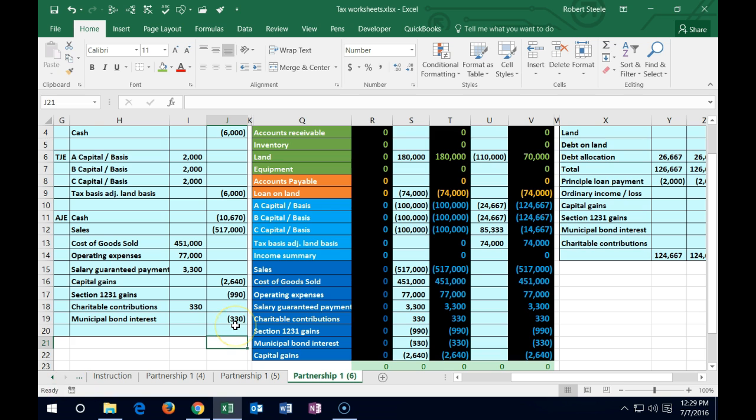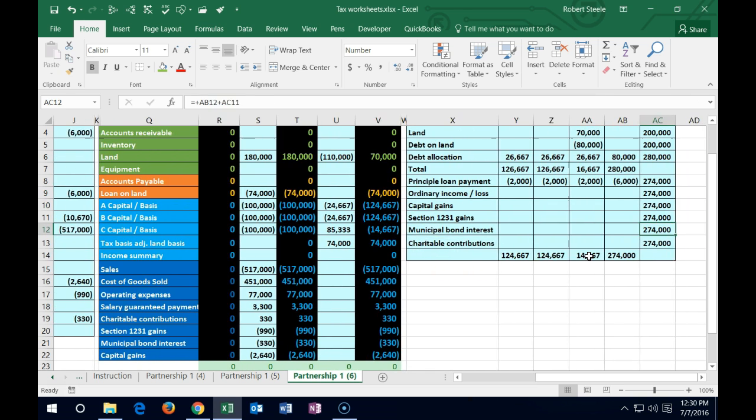Now I want to show this income statement in terms of our table over here before we see it in our capital accounts, because remember, we're not going to see it in the capital accounts, whether it be the books or the tax, until we close out the income statement. So let's see it in terms of our table, and we'll see the different formats and what the different types of incomes are, and then we'll close out the income statement to the capital accounts and see how it affects them.